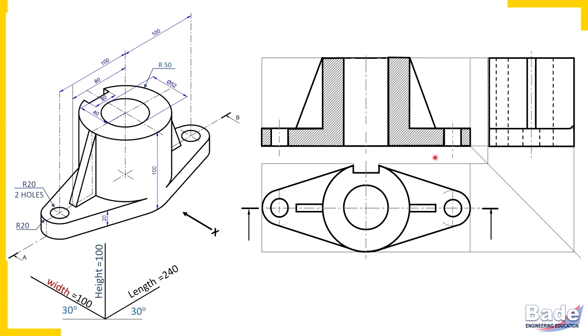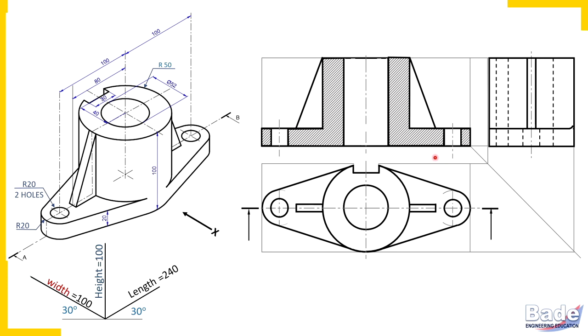So once again we'll revise those four important points I have told you. In sectional views, the boundary between portions which are getting cut does not appear.